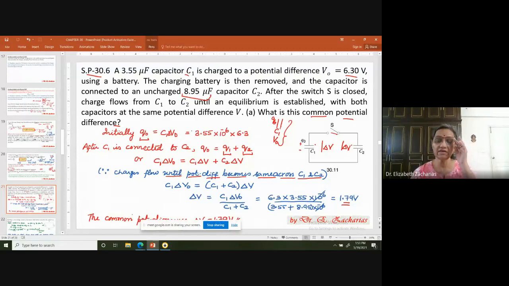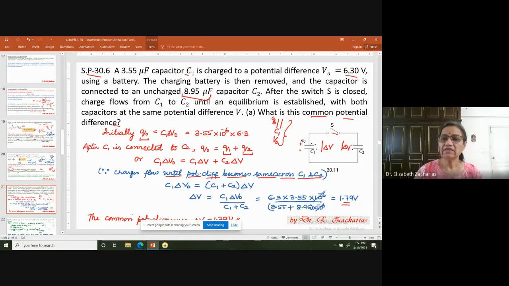Guys, I again tell you, when you connect a fully charged capacitor C1 to another capacitor C2 and close the circuit, there is a potential difference between this plate and this plate, so charges will start flowing. Similarly, from this plate to this plate, charges will flow till the potential difference between these two plates becomes equal to the potential difference between the other two plates.